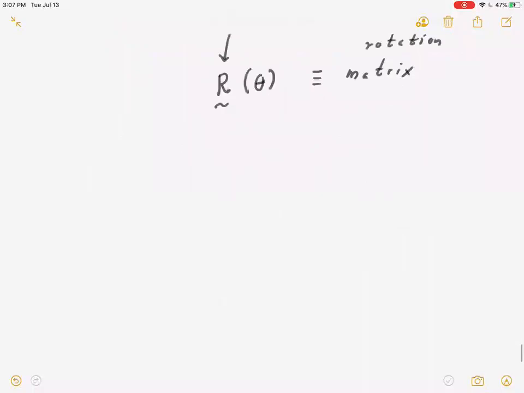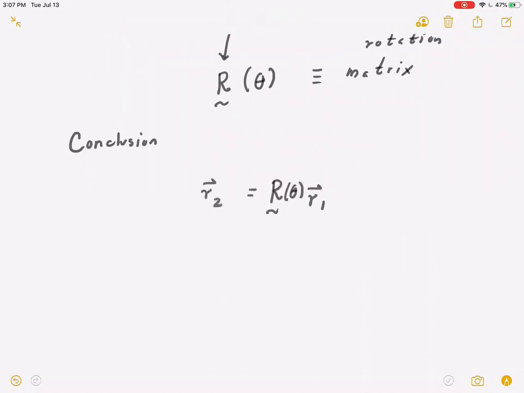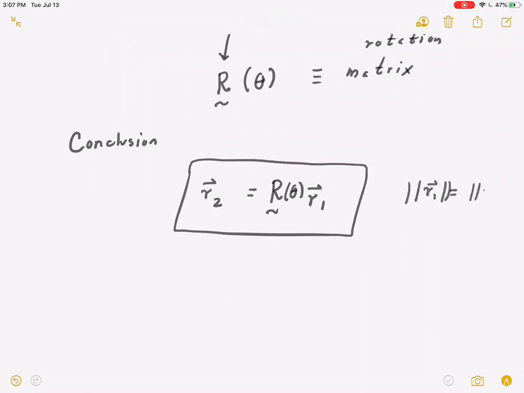So in fact, what we have discovered in this example is that if you give me a vector r and you act on it with the rotation matrix, you will get a new vector r sub 2. Note that the rotation matrix does not change the length of the vector as it rotates it.